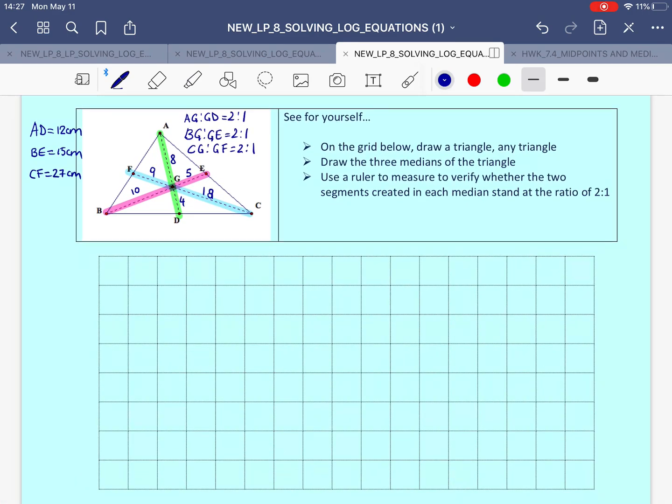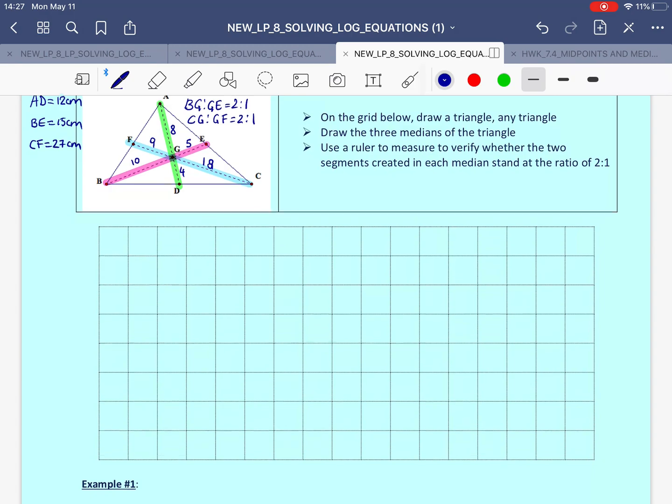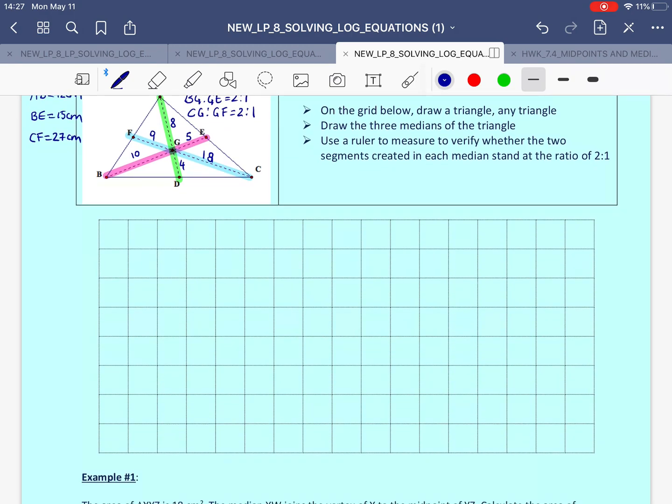Now, on this grid below, I thought that would be a good idea that we draw a triangle, not just one. You can draw as many as you wish, and draw the three medians in a triangle, and use a ruler to verify whether the two segments created in each median stand at the ratio of 2:1.